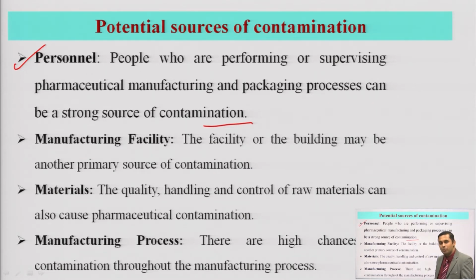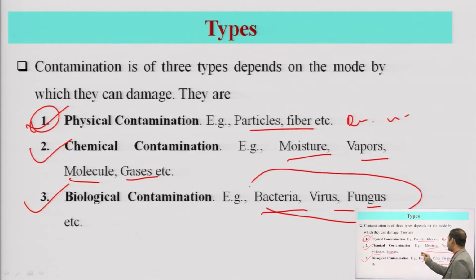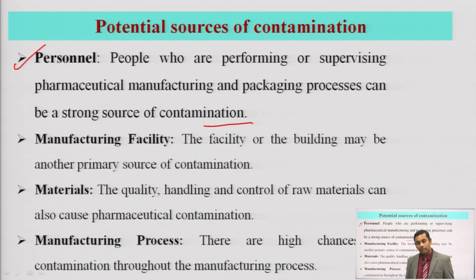I have also told you about biological contamination. You remember in my previous slide I told you about bacteria and viruses, which are the third source of contamination. What I am trying to say is, if a person is suffering from COVID-19, the SARS-CoV-2 virus is present in his nasal cavity, in his lungs, in his body, and if he sneezes, obviously the virus will come out in the droplets.